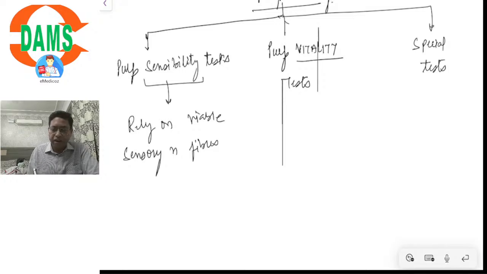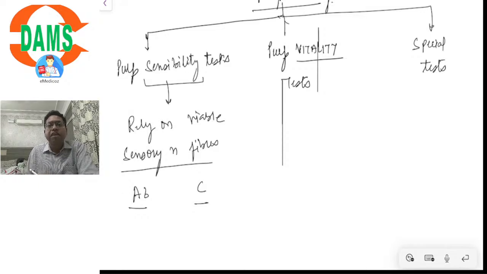From the basics of dental pulp histology, we know that principally two types of sensory nerve fibers are present in the dental pulp, A delta and C fibers. So these sensibility tests basically test the presence or absence of these viable sensory nerve fibers, which results in sensation of pain to the patient.